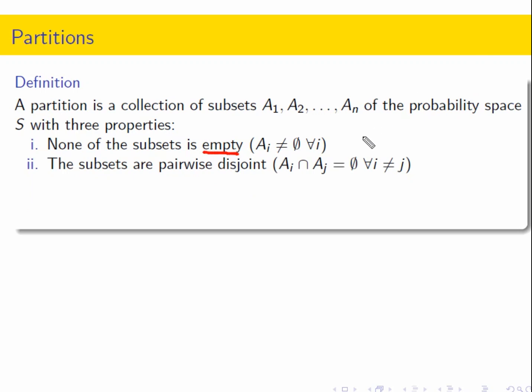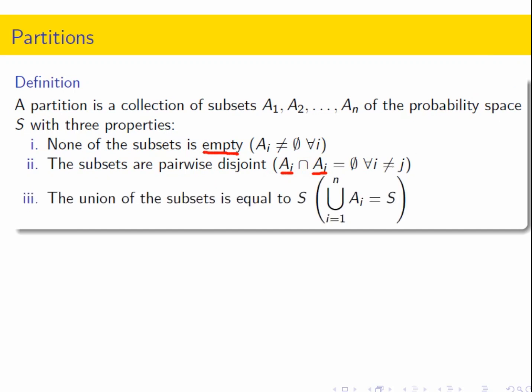That means that any one element is going to be either in A sub 1 or in A sub 2, but not in both, right? We can't have any elements that are in two of the subsets. And finally, the third requirement is that the union of the subsets is equal to the entire probability space. That's what I mean by the collection of subsets covers S, right? Every single outcome in the probability space S can be found somewhere in the collection.